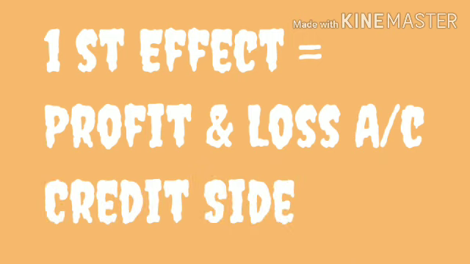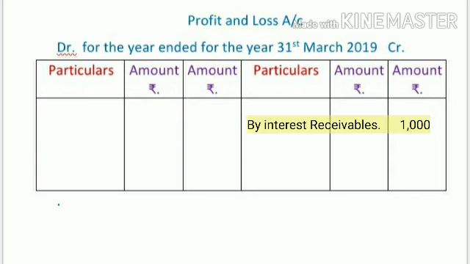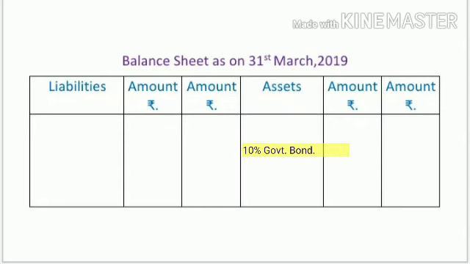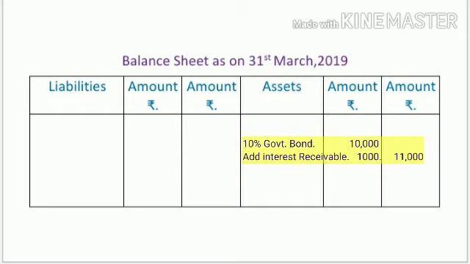First effect of this adjustment, show the amount of the interest receivable on the credit side of profit and loss account, interest receivable rupees 1,000. And second effect, add the amount of interest receivable to government bond on the asset side of balance sheet, or show separately in balance sheet asset side rupees 1,000.